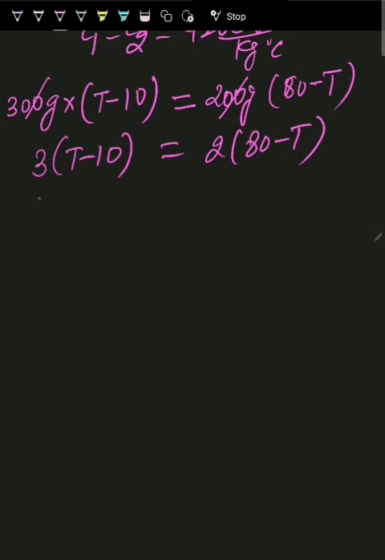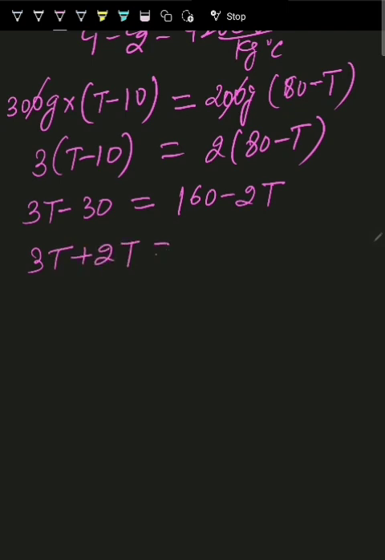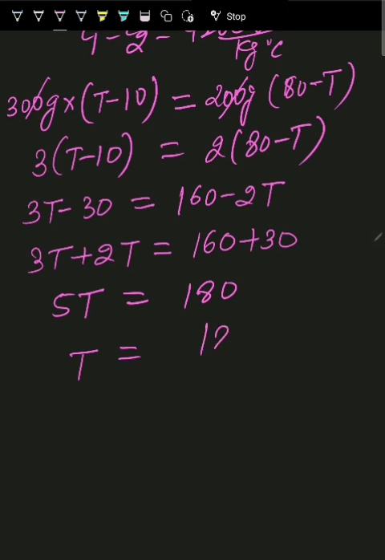Now open this bracket: 3T minus 30 is equal to 160 minus 2T. Now take this 2T to this side, so 3T plus 2T is equal to 160 plus 30, so 5T is equal to 180, so T will be equal to 180 divided by 5.